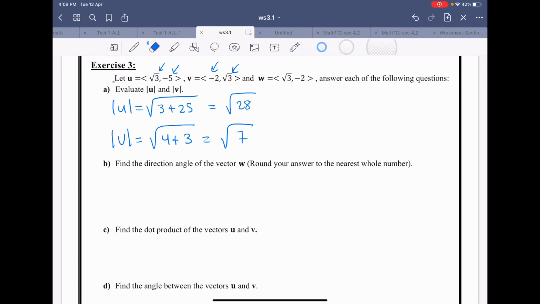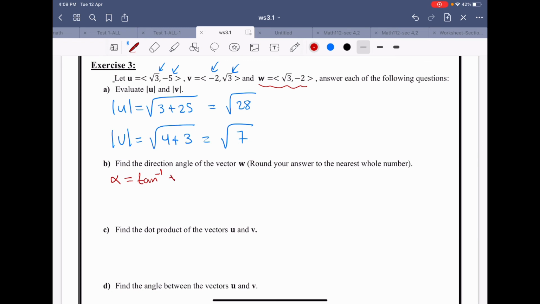Part B. Find the direction angle of vector W. Round your answer to the nearest whole number. So this is vector W. To find the direction angle, we need to find the reference angle first, which is tan inverse of y over x.